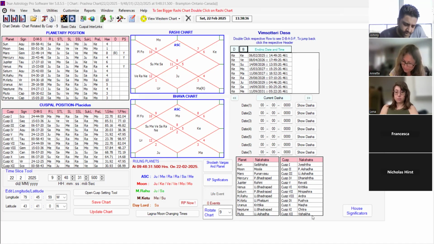There are several different ways to cast a Horary chart. If someone came to me and told me they don't have their time of birth, and some people don't even have their date of birth, to be honest, I'll ask them what their area of concern is.